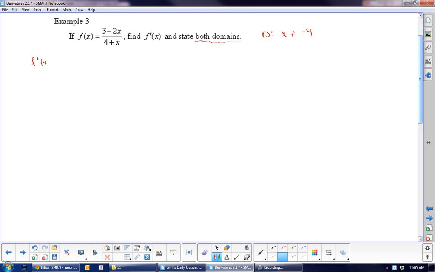So f prime of x equals the limit as h approaches 0 of, now we're going to put x plus h in, so that's 3 minus 2 times x plus h, all over 4 plus x plus h, minus 3 minus 2x over 4 plus x, and that's all over h.